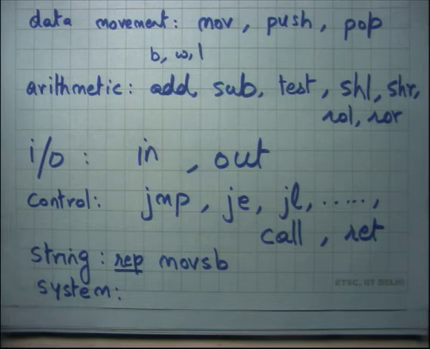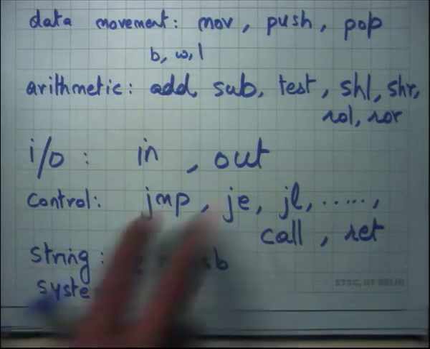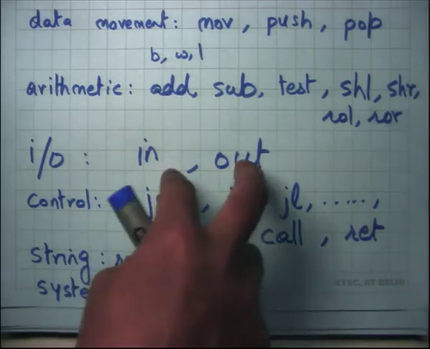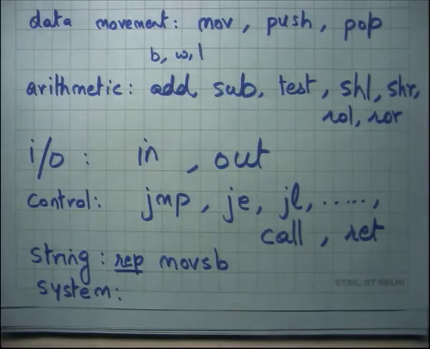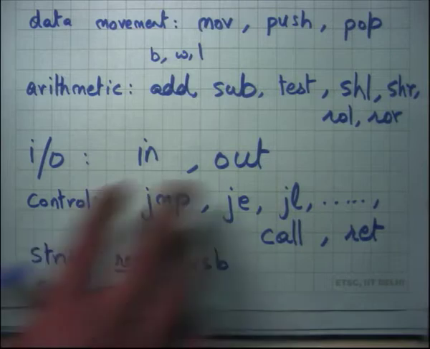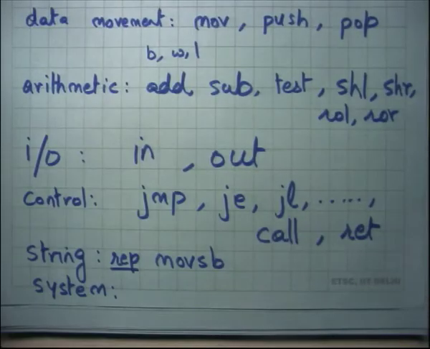These are instructions that are required by an operating system. So far the instructions we have talked about are instructions that a user program may require, accessing memory, accessing registers. Accessing I/O may or may not be allowed for an application, so even in and out can be considered system instructions in that sense.